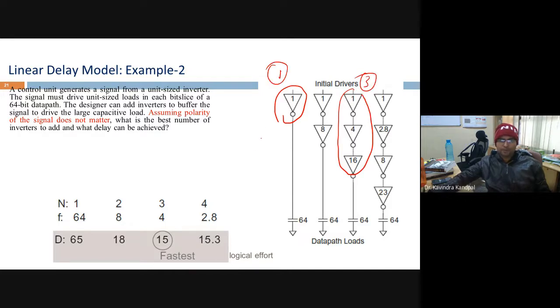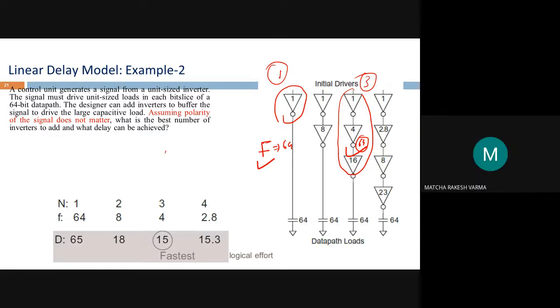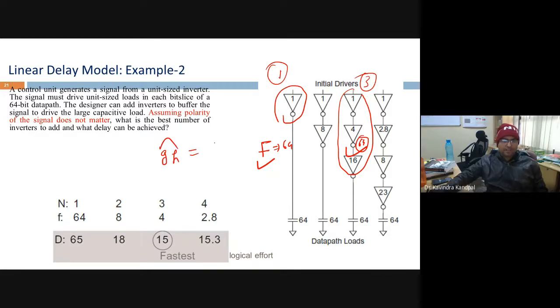Though your F is the same, F of this stage and F of this stage is the same. This is still 64. This is also still 64. What you are changing is N. Yes or no? Your GH optimal is changing.